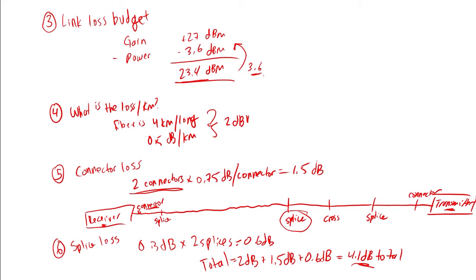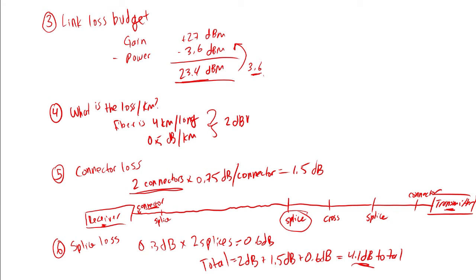So we're saying that this budget is the maximum loss that you can have on the end-to-end cabling system. Now, when you go to certify a fiber, it's not going to pass certification with a loss of like 19.